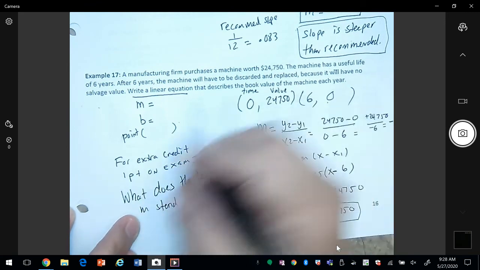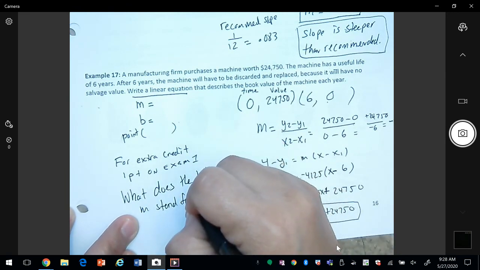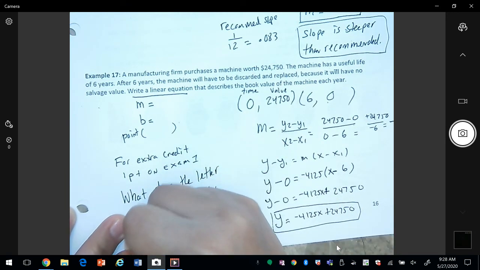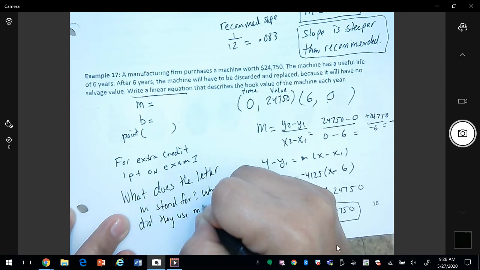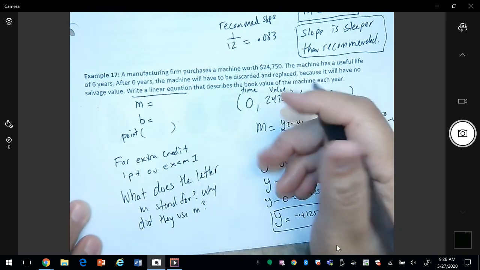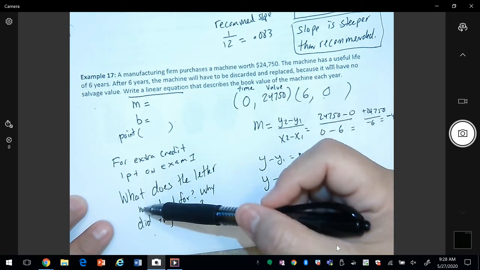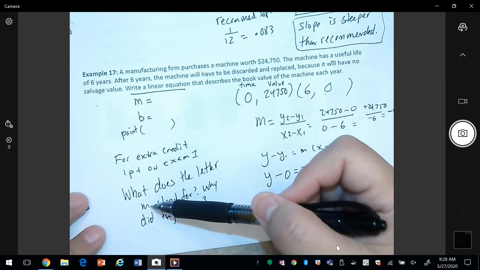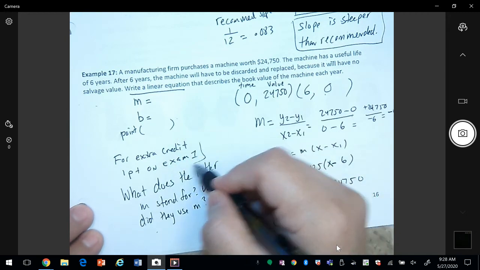Besides slope, it means something. In other words, why did they use M for slope instead of S? So if you just Google why is M used for slope, then it will give you an answer. You send that back to me, and I will give you 1 point on your exam.